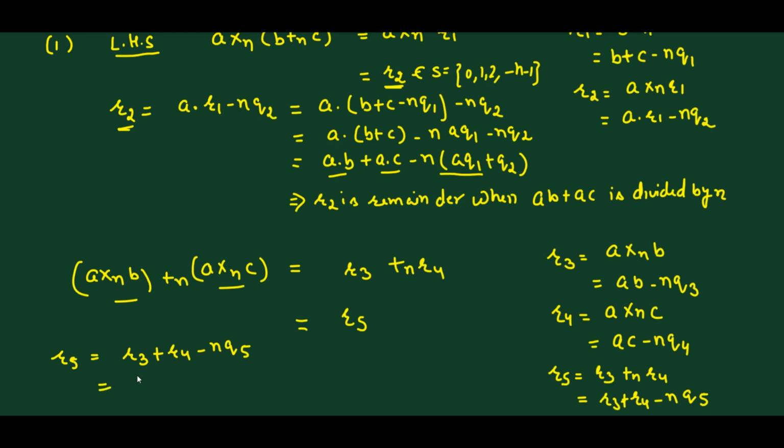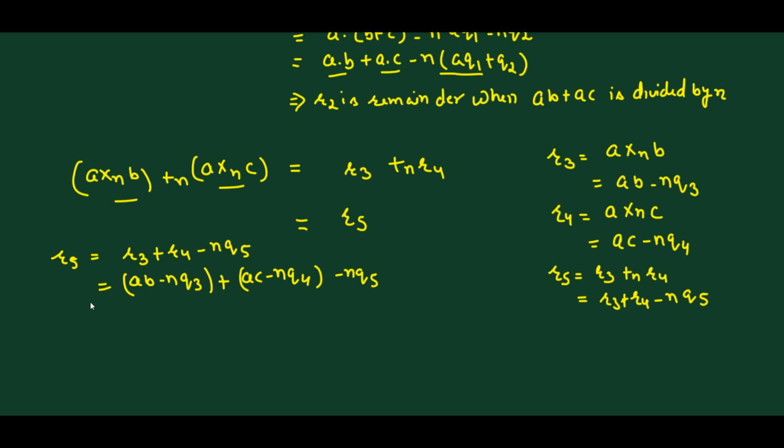Okay, substitute the value of R3. R3 is AB minus NQ3. And what is R4? R4 is AC minus NQ4, minus NQ5. So adjust the sides.